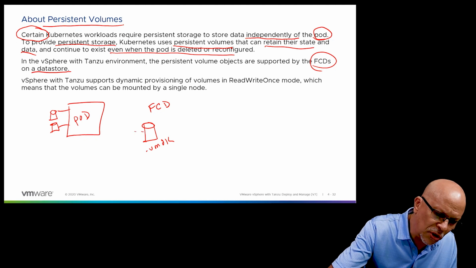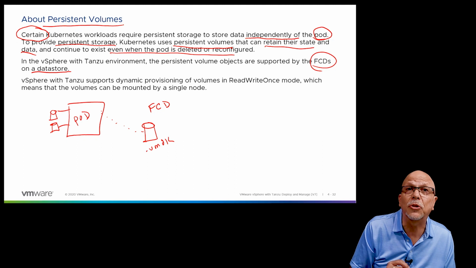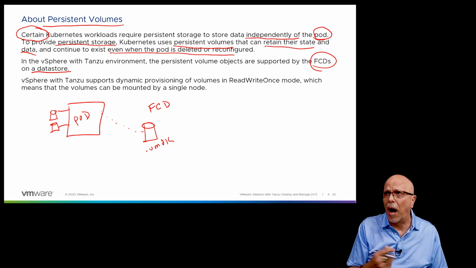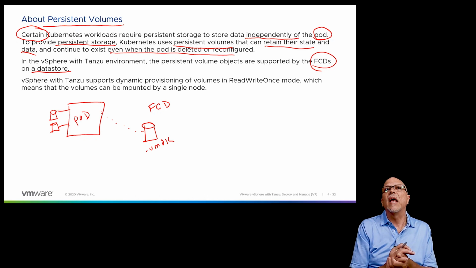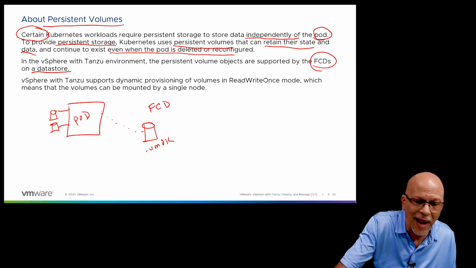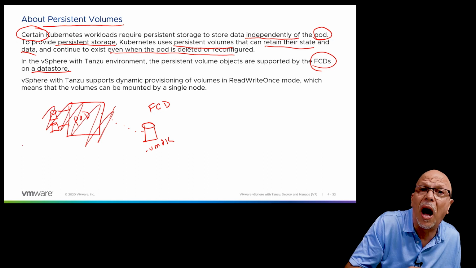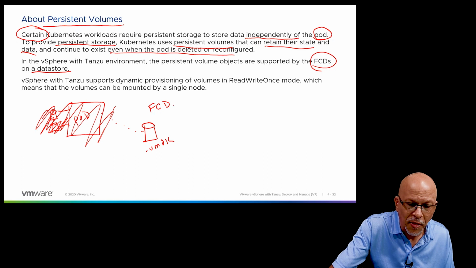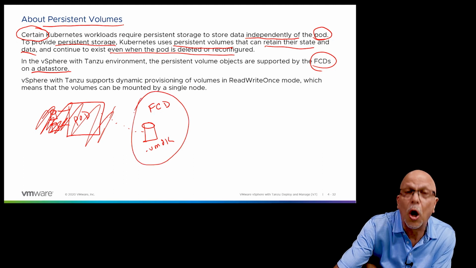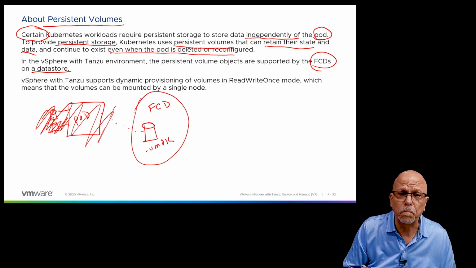This first-class disk is going to be attached to your pod, and then your pod in turn is going to mount that as a different volume, mounted as a path. And regardless of what happens over here to the pod, you notice I erased the disks over here, this disk is going to persist.